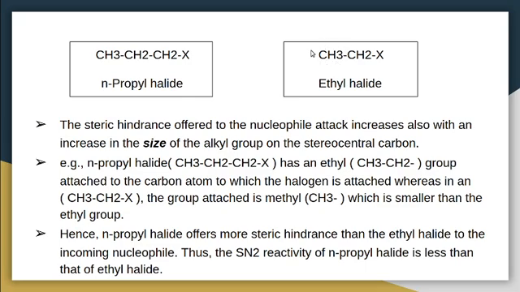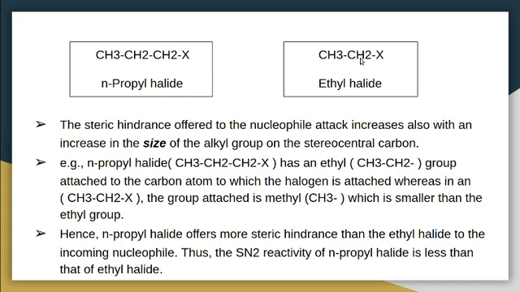So the incoming nucleophile can attack on this carbon atom very easily compared to this carbon atom. Here we have one ethyl group, that is a larger group compared to the methyl group. So SN2 reaction is easily possible with ethyl halide compared to N-propyl halide because of the large ethyl group present on this carbon atom compared to the small methyl group.